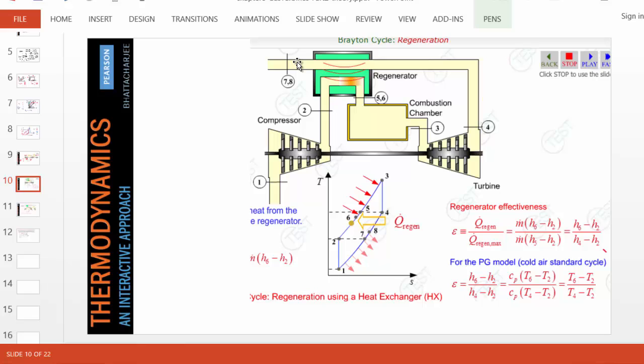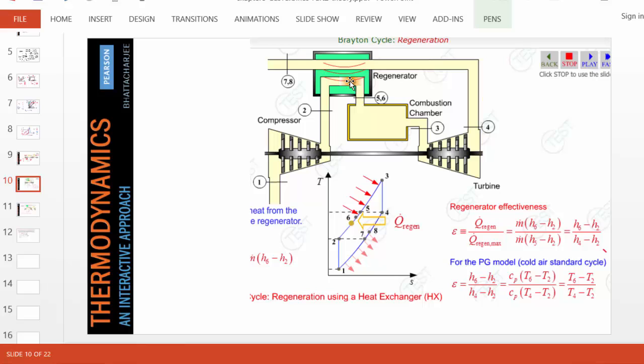So at state 1, we have atmospheric air, which is compressed isentropically by the compressor, and then the compressed air is receiving heat from the exhaust gas of the turbine. The turbine exhaust is routed through this heat exchanger, and as you can see, the turbine exhaust is supplying the heat to heat up the compressed air.